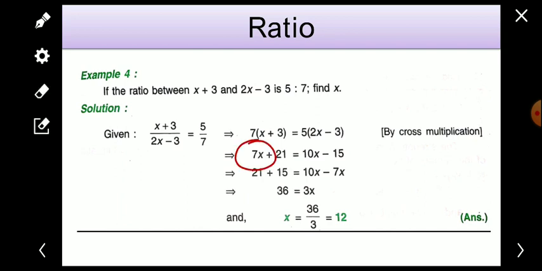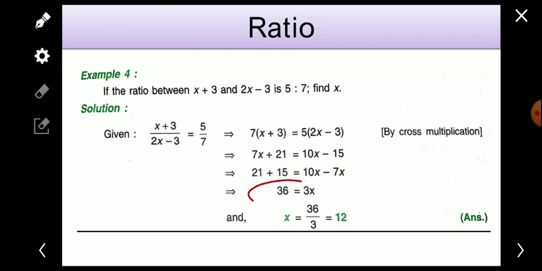So now 21 plus 15, the 15 has been shifted to this side, minus 15 became plus 15, and 7x has been shifted to this side, so plus became minus, negative. So 21 plus 15 is equal to 10x minus 7x.